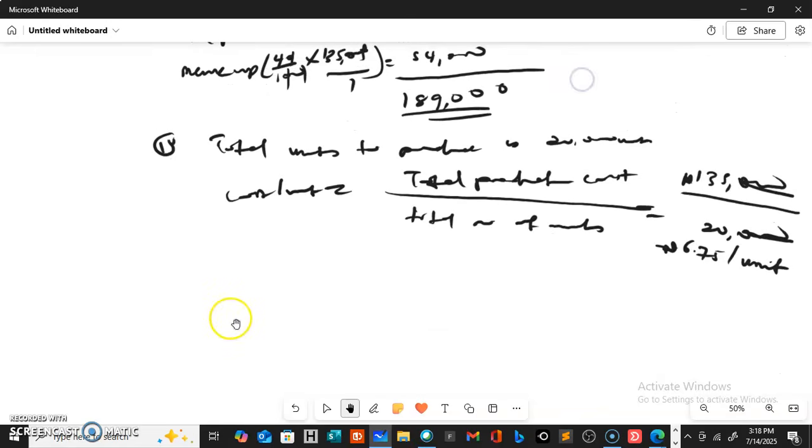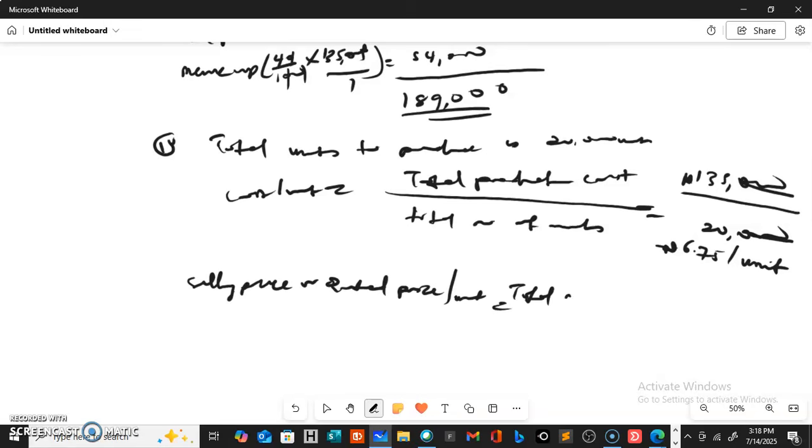So the selling price per unit now, or the quoted price per unit, equals total quoted or selling price divided by total units.